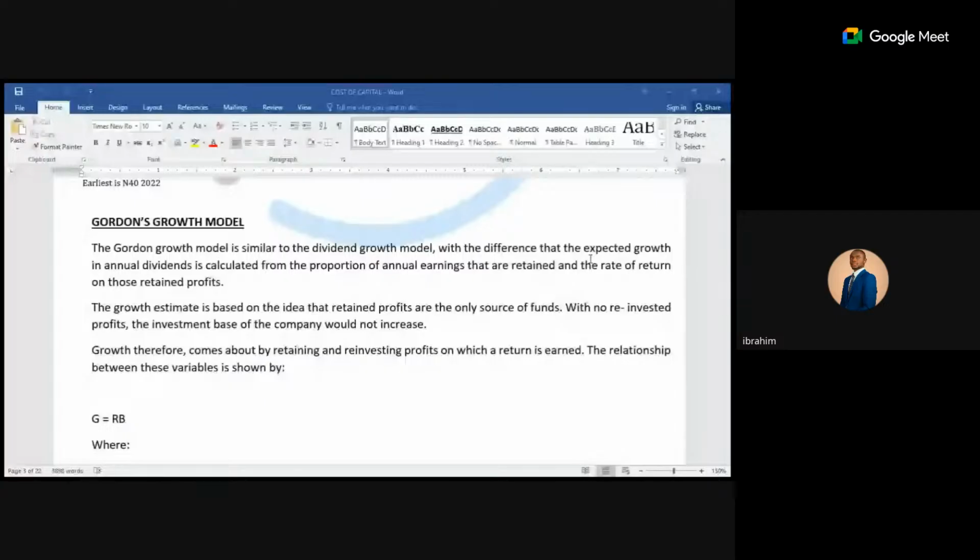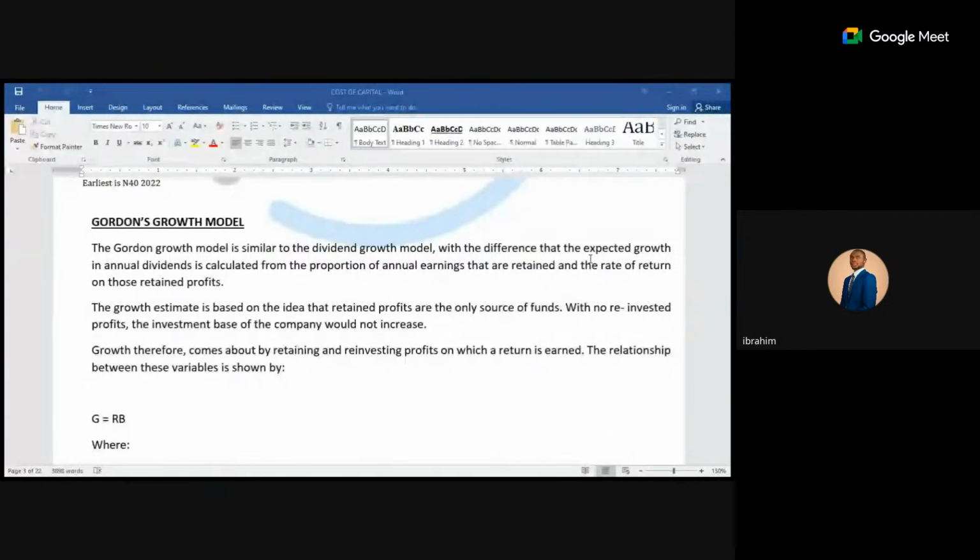Now, I equally explained that if they say they declare dividend, it does not mean that the dividend has been paid. If they declare a dividend of 50 naira and the market price is 100 naira, they just declared dividend and the market price is 100 naira.